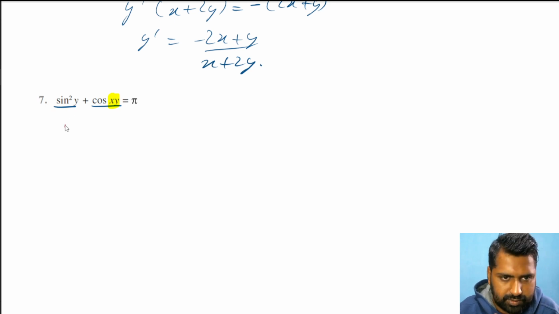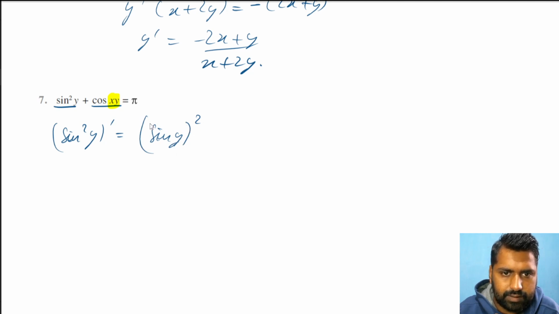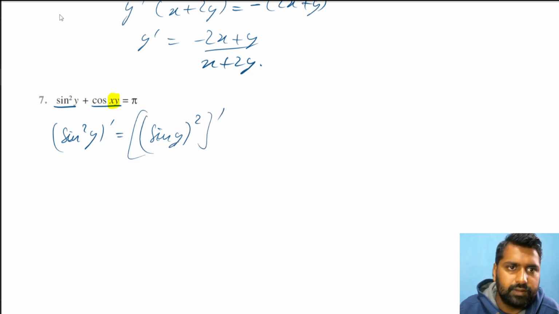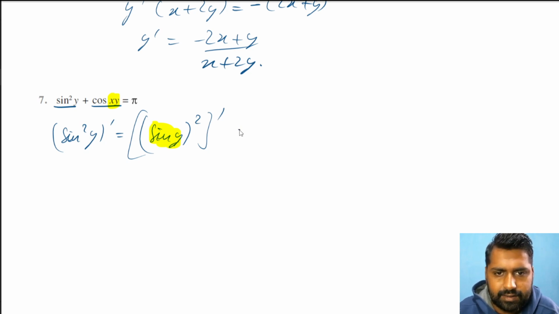Okay, so sine square y, I'll differentiate sine square y separately. Sine square y differentiation, let's write down. So I'll rewrite this as sine y whole square. Okay, and then we have to differentiate. So first the bracket came, that is of square, so that is your first function. The bracket itself is a function of square, so take everything inside as z.